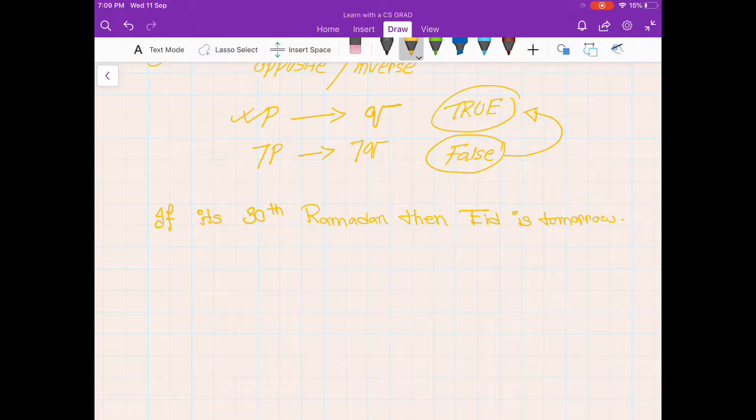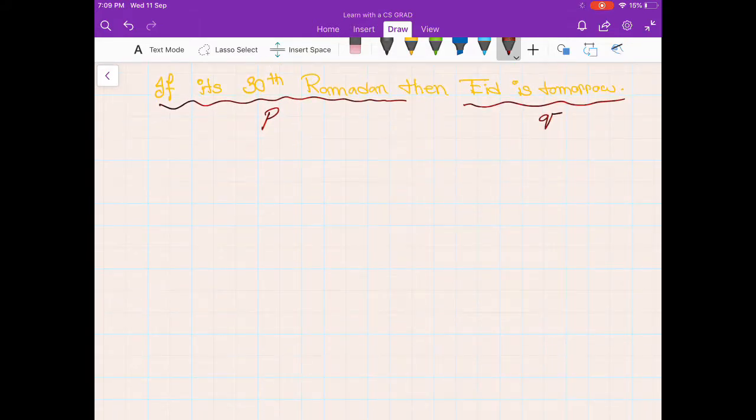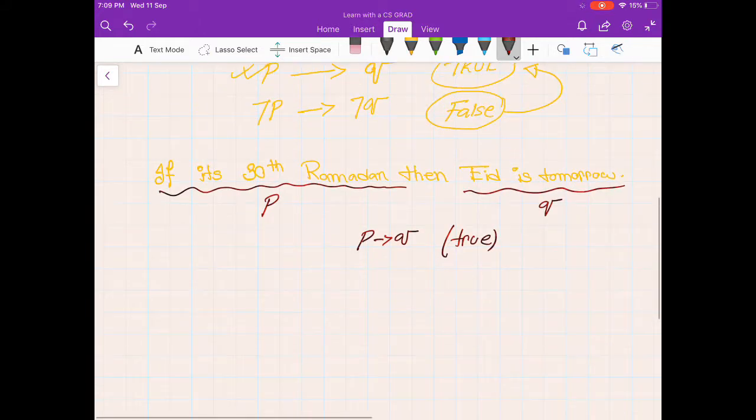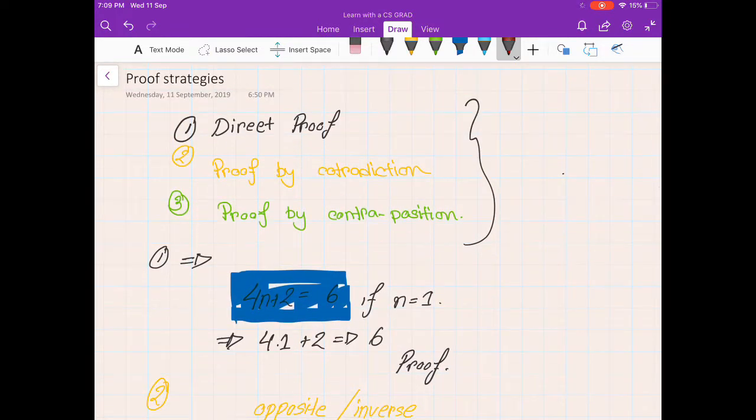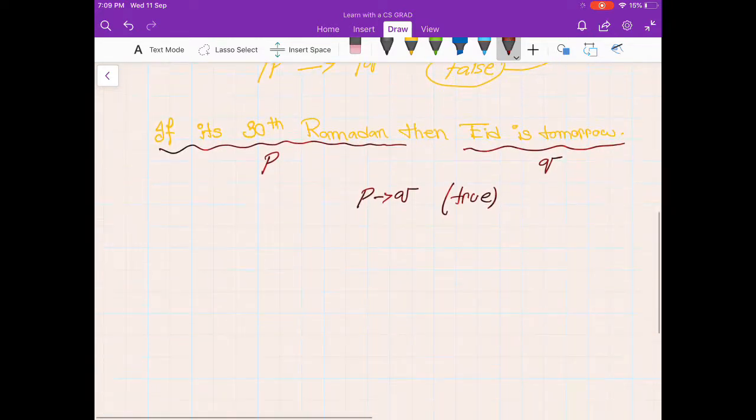Here we can see there are two separate statements. If it's 30th Ramadan, let's say this is P, and Eid is tomorrow, let's say this is Q, right? The question asks us to prove that this is true. So let's say this is true, and we are trying to prove it using proof by contradiction. So let's try to do that.